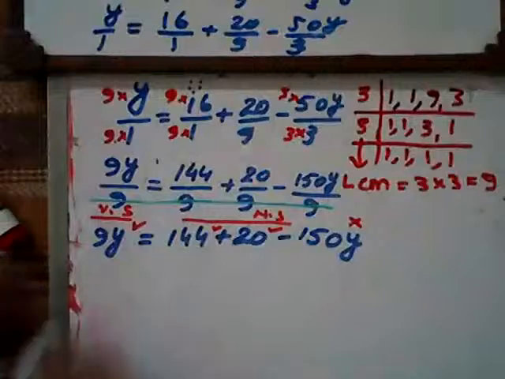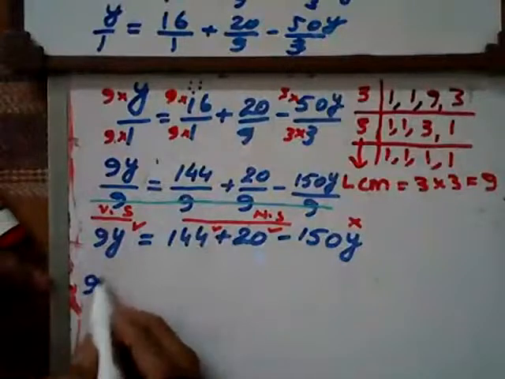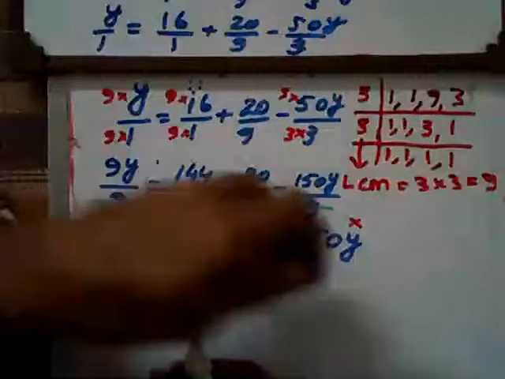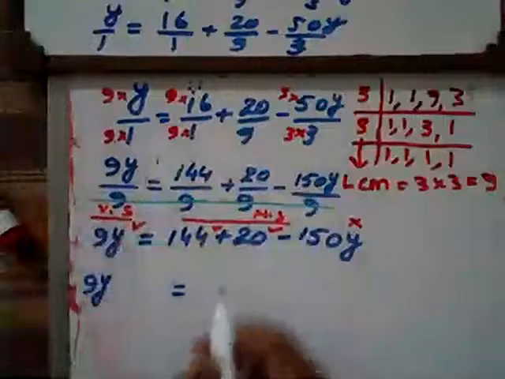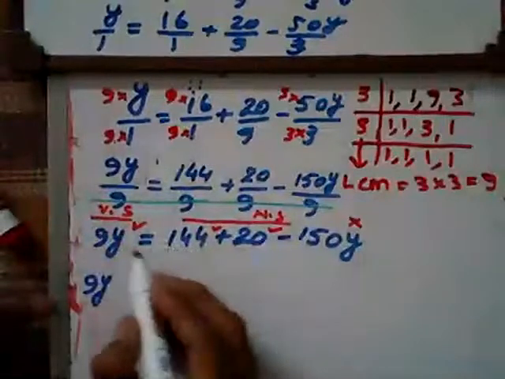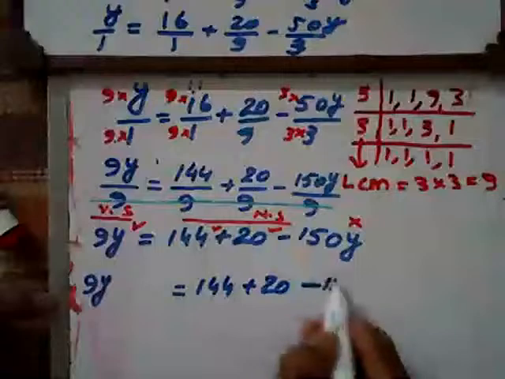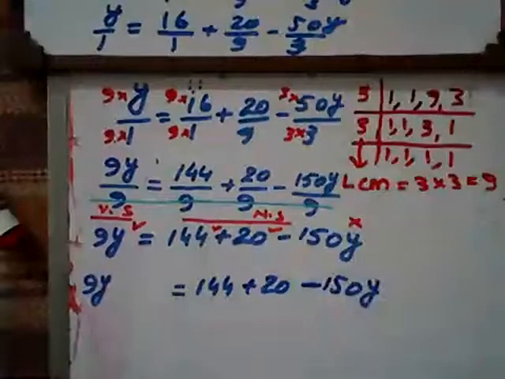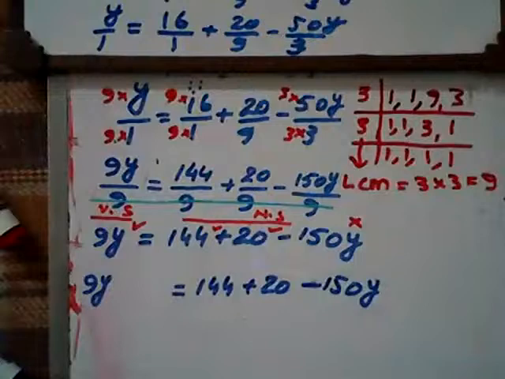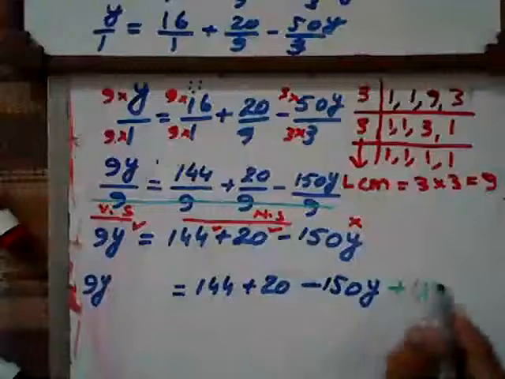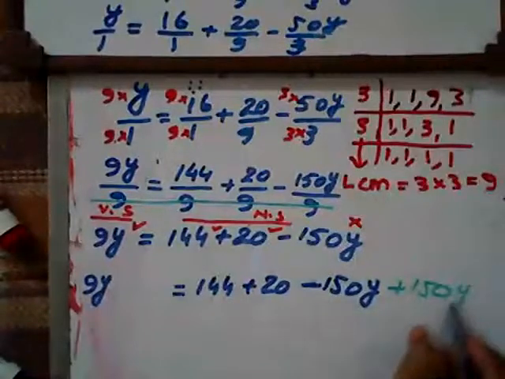We'll write the same equation and put some space here because this will be removed and comes here, making space for this one, and the rest of the equation is the same. The equation will be minus 150y, but minus 150y could be removed by putting plus 150y, the opposite sign.